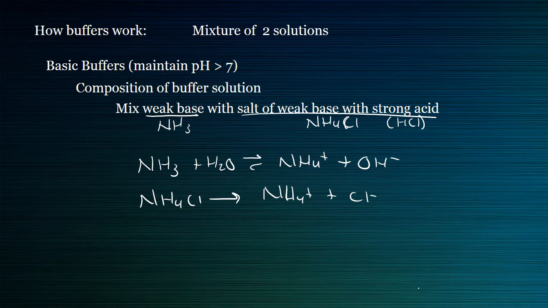So where's our reservoir? We have our weak base, because remember it dissociates very little. And we have the conjugate acid from the full dissociation of the salt, and so that has become our reservoir.